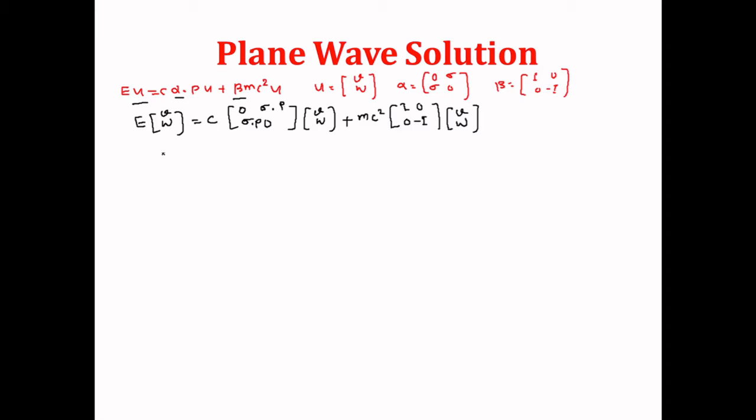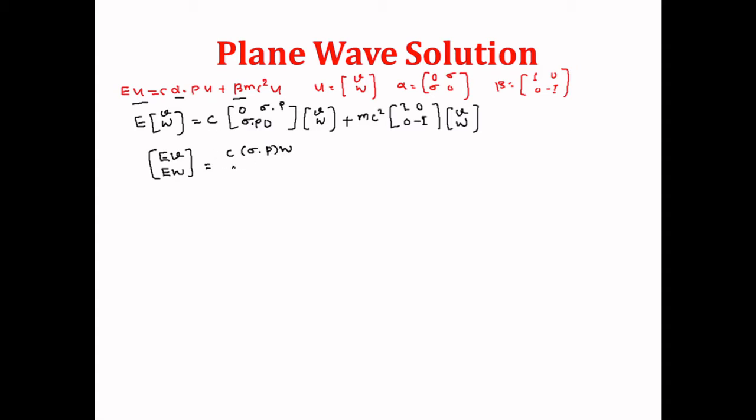So now we can write it as, the first matrix will become Ev and Ew equal to, here you have to multiply these particular matrices, so the first row into first column, so the non-zero element will be sigma dot p into w, and here there is one c, so what you will get is c into sigma dot p into w.